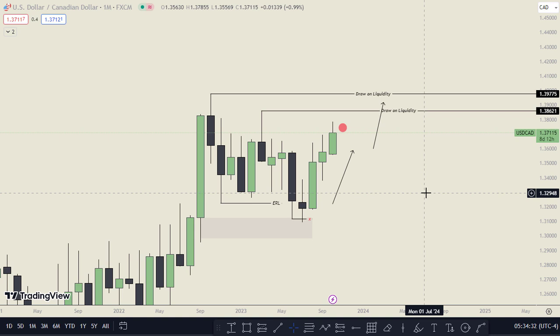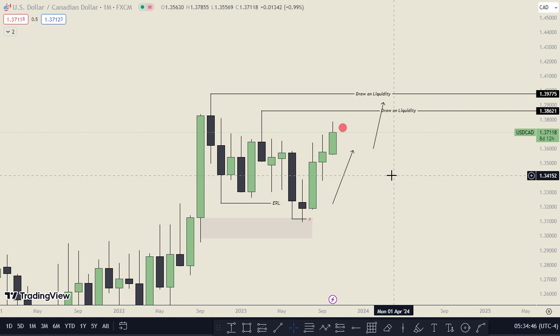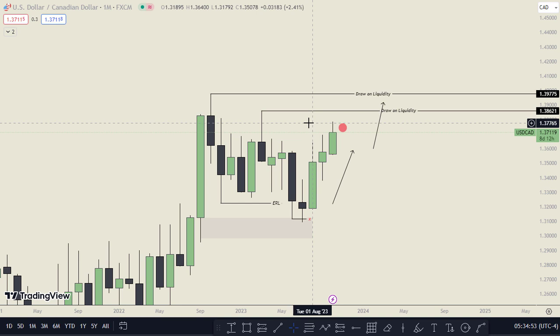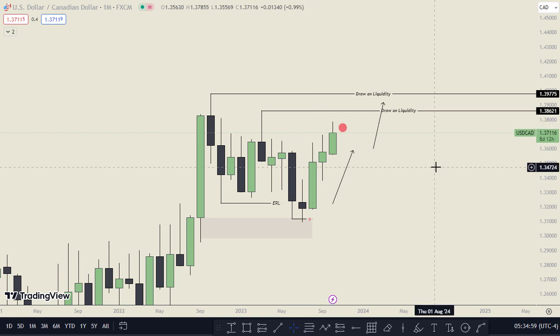So you need to choose a high probability pair or environment or conditions to trade in. So first of all, before going further with the analysis, I'm going to show you exactly how to determine whether this pair is a high probability or not, and whether you continue with the analysis on the higher time frame and the lower time frame, or move on to another pair.